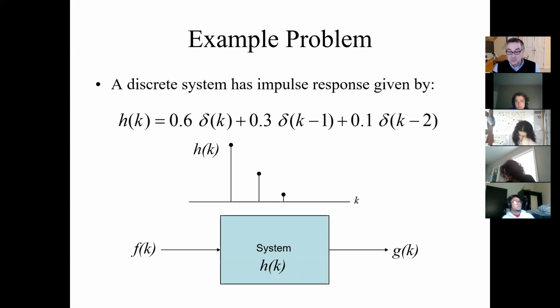Now, some of you, but not all of you, may have seen the Z transform before, which would be a way to do this, but I'm actually going to ask you not to do that, because sometimes people try to use the Z transform. We're going to talk about Z transform later in this course.